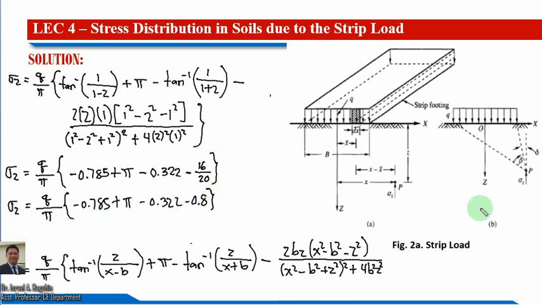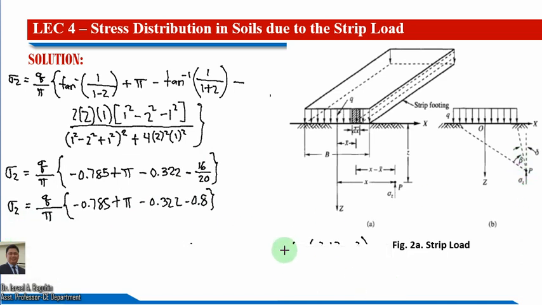And then we have the value of our sigma subscript z here, which is equal to q over pi times the value of this one.